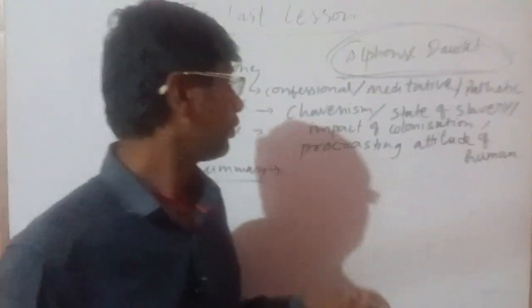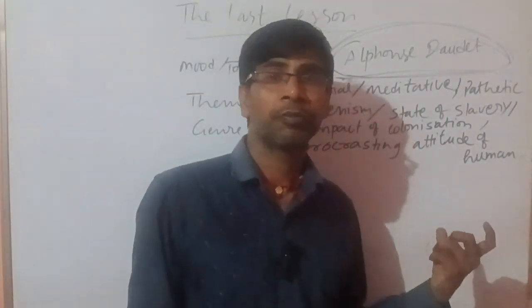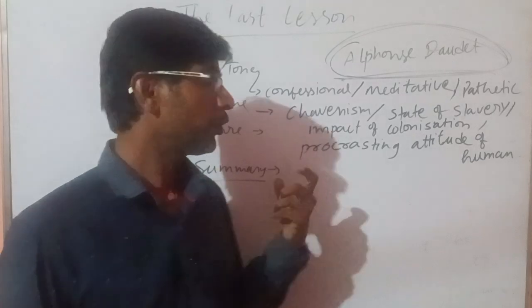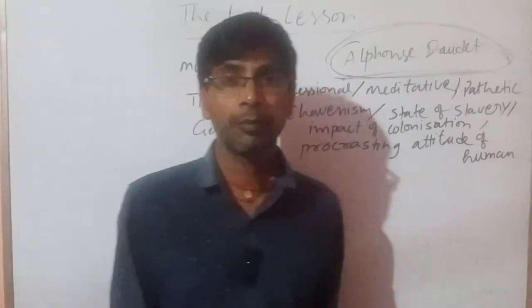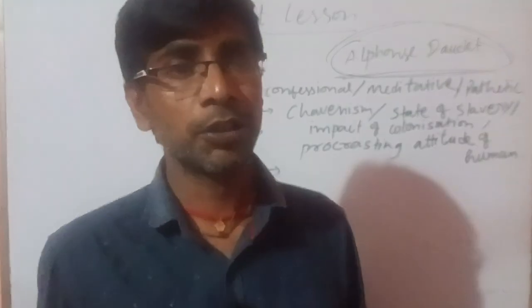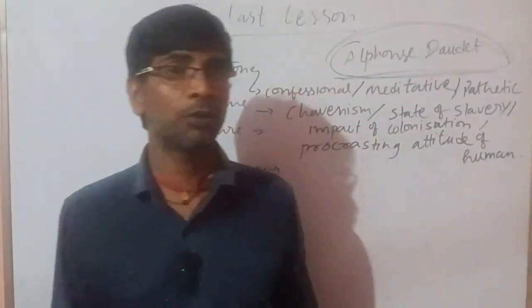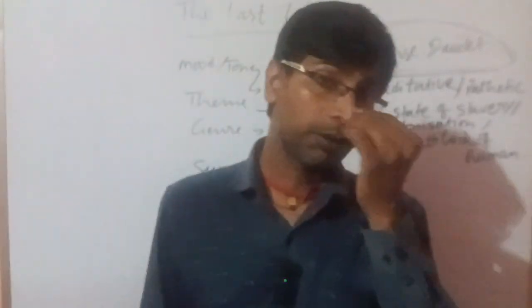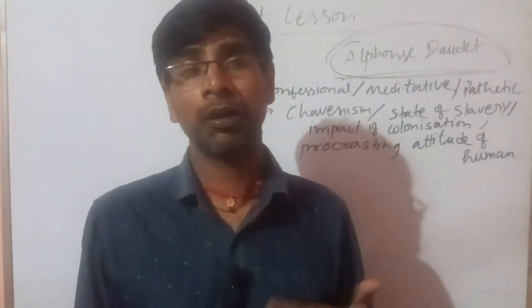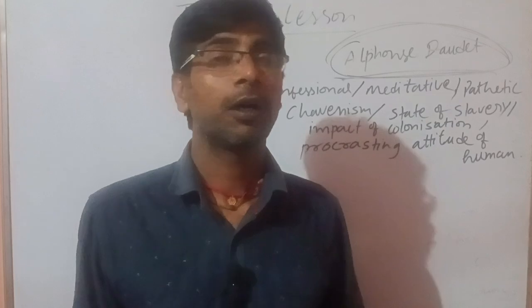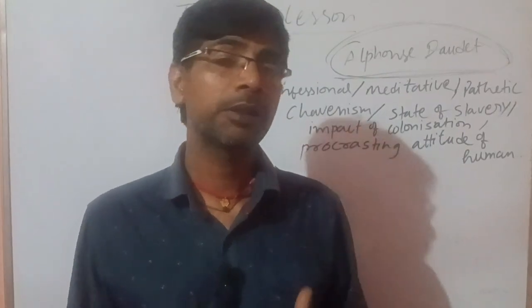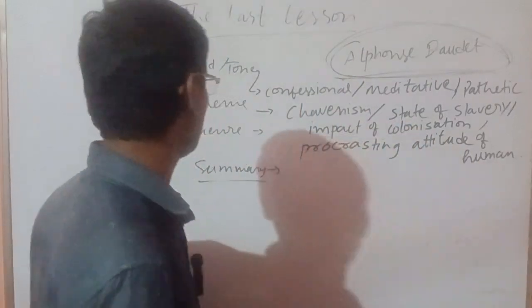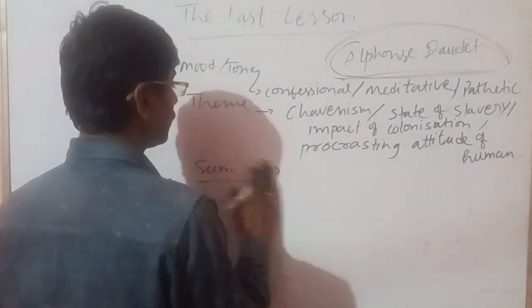That is also recounting the nature of procrastination, the attitude of procrastination of human beings, and how this nature can cause deeper suffering, a lifelong kind of remorse, regret. Okay, so these are some of the important themes.